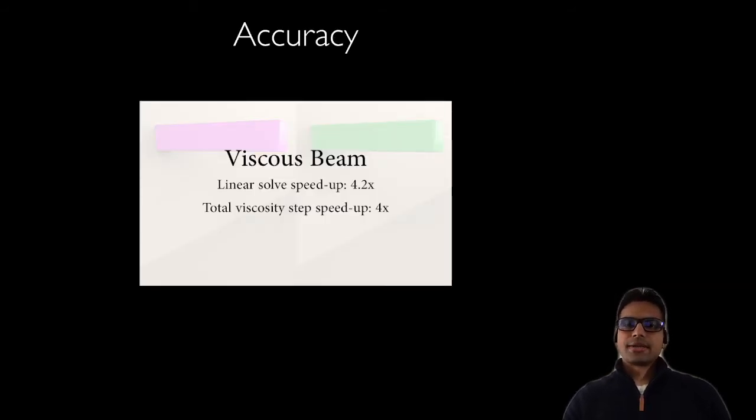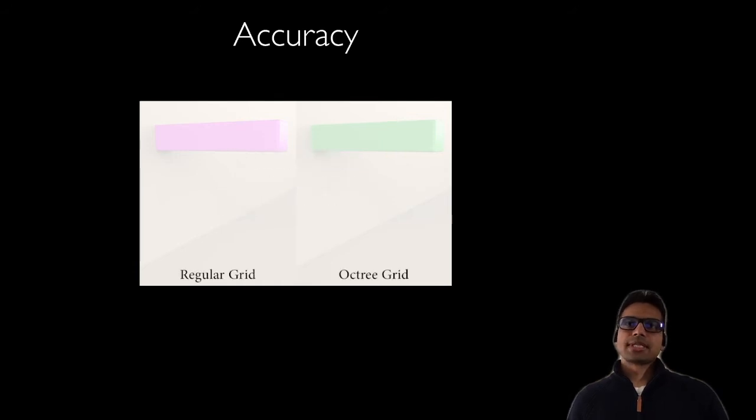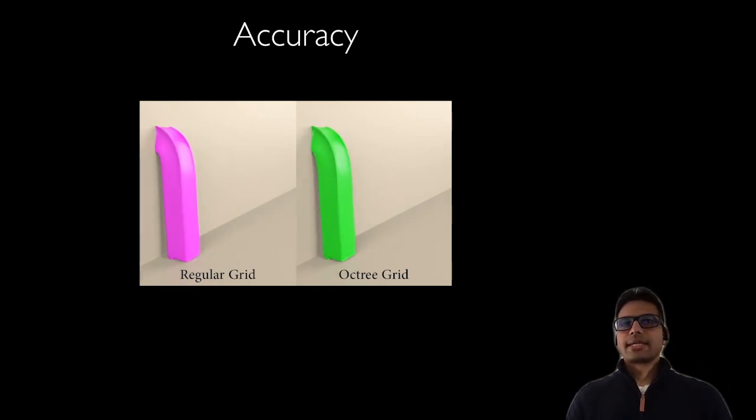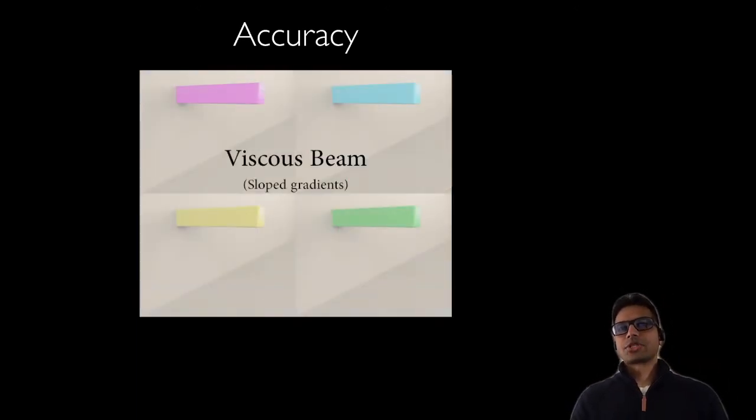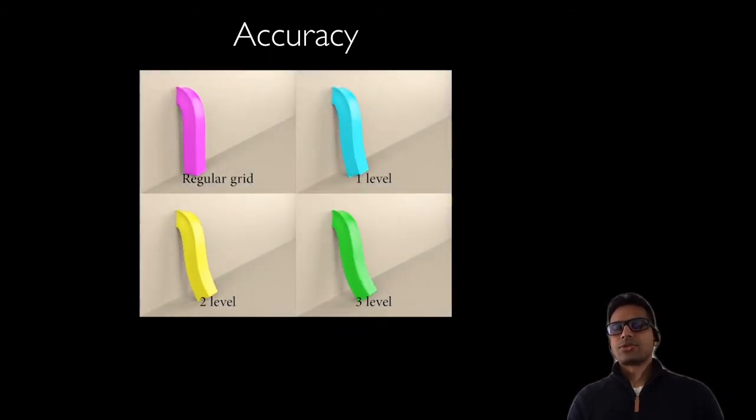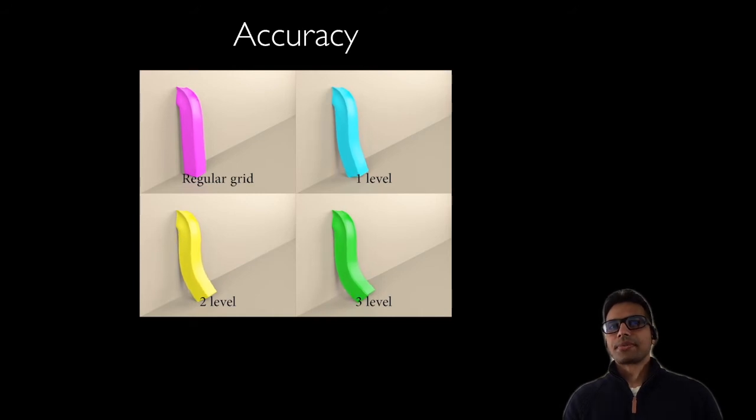So it turns out that you have to be a bit careful when you compute the solution because if we are not careful and the accuracy of the operator is only till first order, then it can actually lead to stiffer solutions as we keep coarsening the resolution.